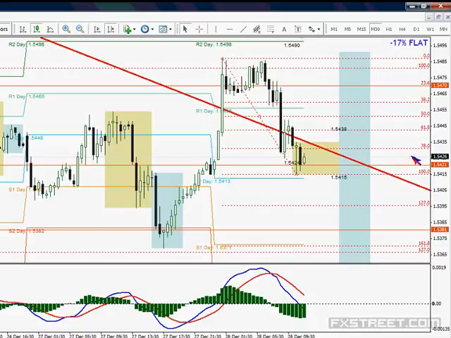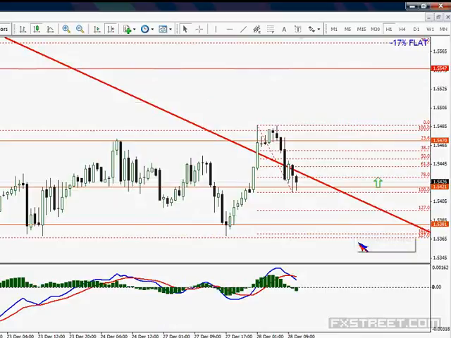Now the second setup, where did I mark the first one? Let me check. Okay, here it is. This was the first setup, the one that I took about 15 minutes ago. Now this is the more conservative setup with a chance of success more than 50% definitely.